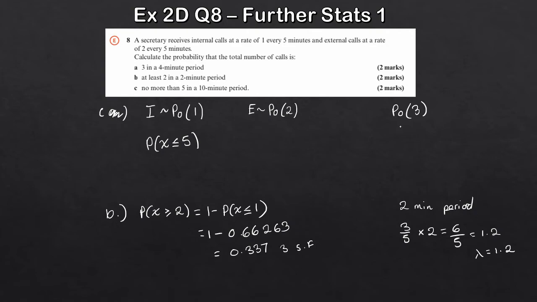So if that was for 5 minutes, I just need to times that by 2. So for 10 mins, that's going to be 3 times 2, giving me a Poisson of 6. Okay, all you've got to do, put this on your calculator, and you'll get 0.446 to 3 significant figures.